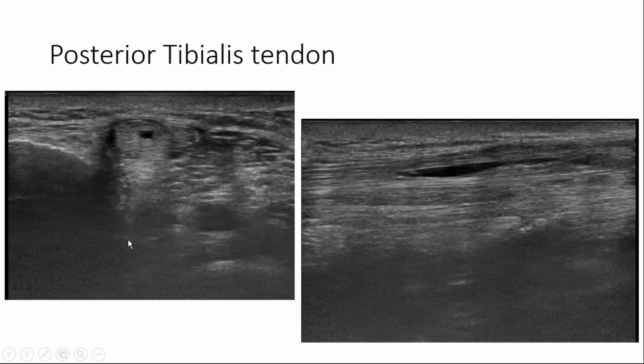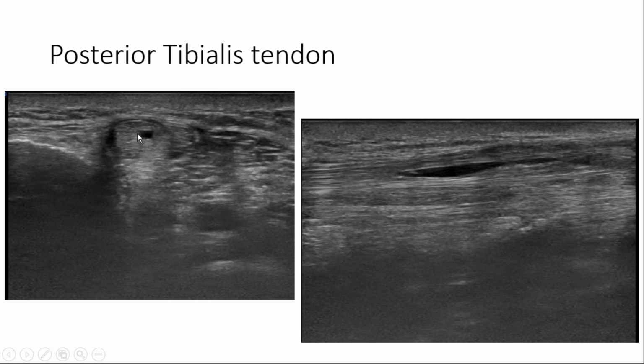So I'm on the medial side, but I don't have everything in the view because I wanted to focus on this one. But you know, there's FDL, there's nerve, there's artery, veins here. This is the first tendon, right? Posterior tibialis tendon. There's a focal anechoic defect there, right?